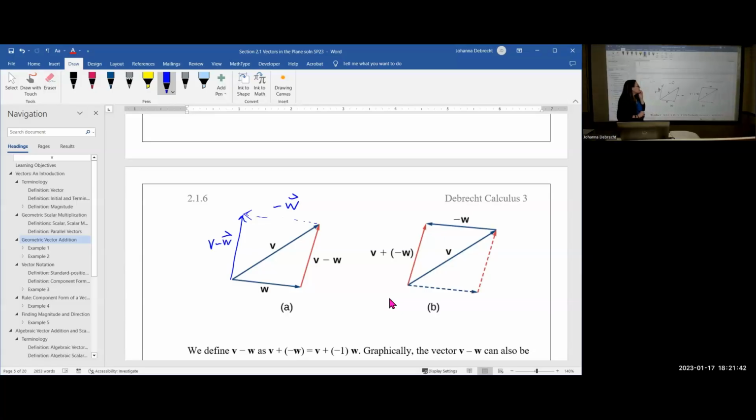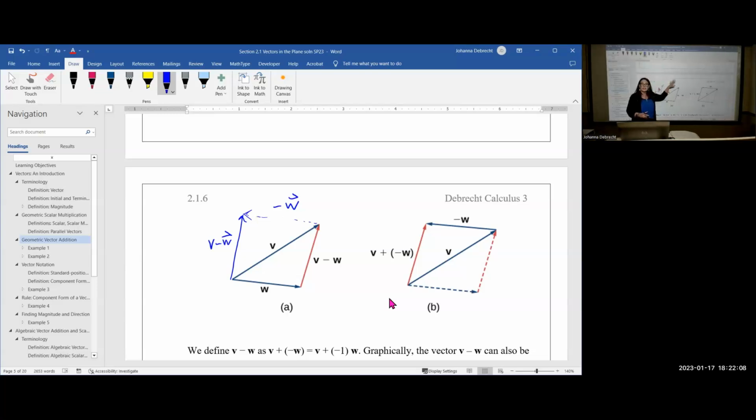Now, the other method is to take the two vectors and put their initial points together, and then to connect the third side. Now, if I connect going up this way, I have V minus W. And if I connect going this way, then I have W minus V, all right? And again, that kind of messes students up a little bit, so I generally don't use that method.